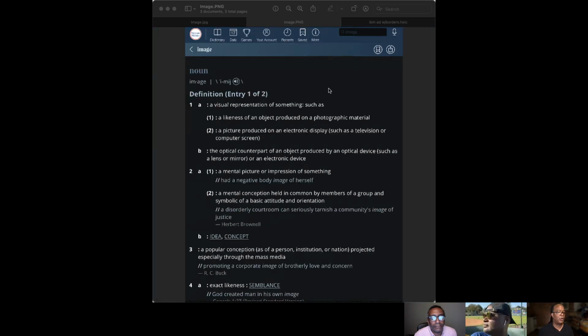And the last one I want to discuss is image. And so we'll just read the definition of image, which is a visual representation of something such as a likeness of an object produced on a photographic material or a picture produced in an electronic display, such as a television or computer screen.